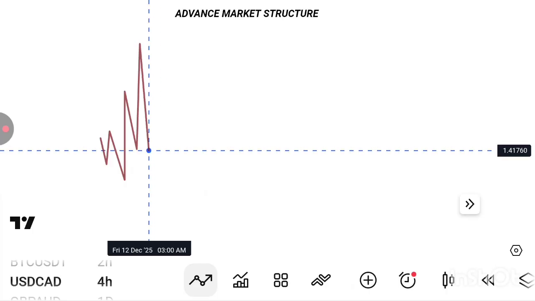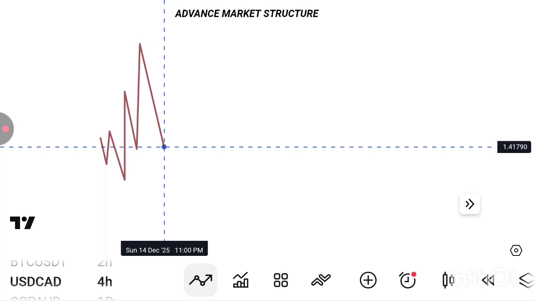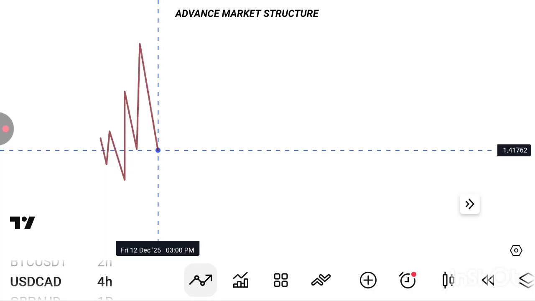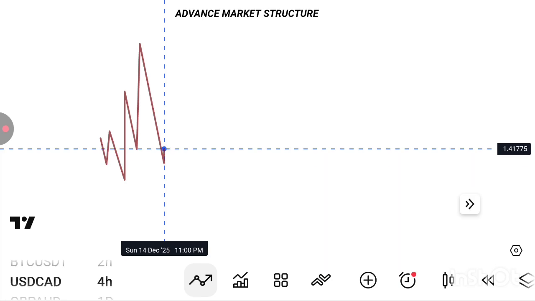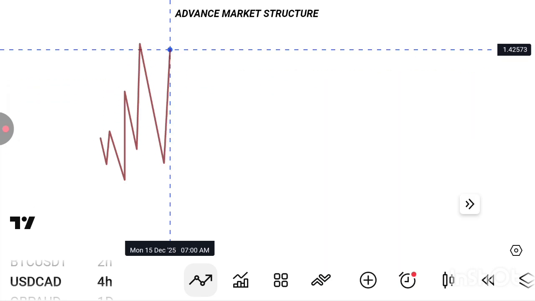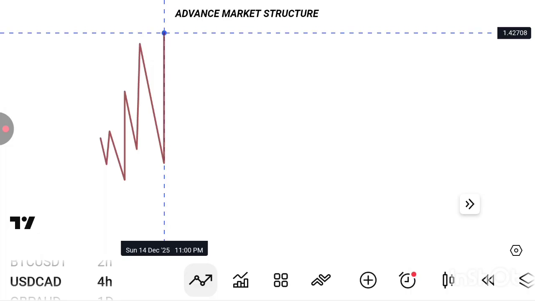This low will be acting as an internal range liquidity, right? So price comes, takes this internal range liquidity, reacts from a key level, then expands towards the external range liquidity, right?